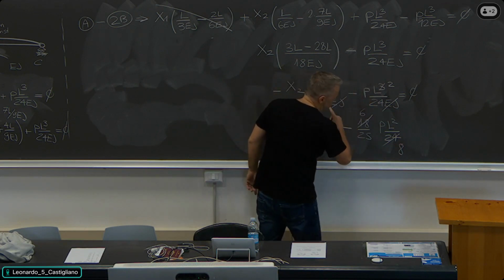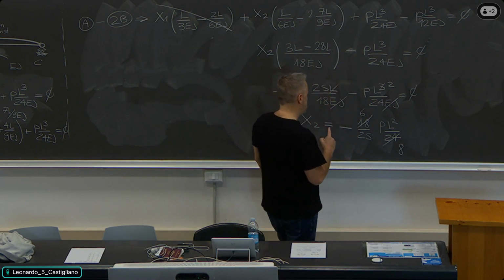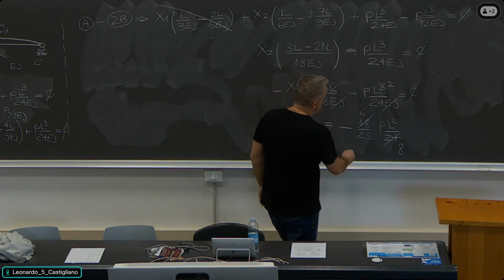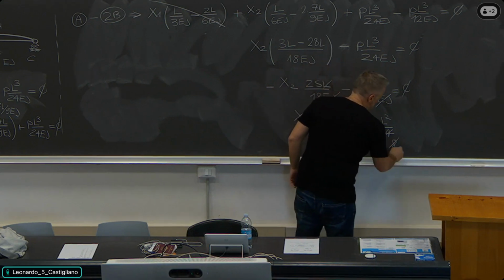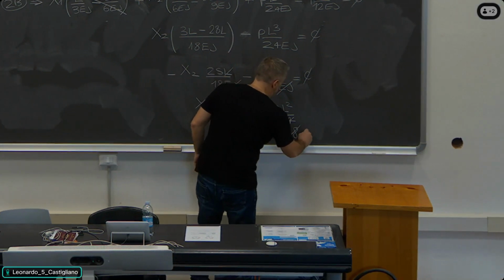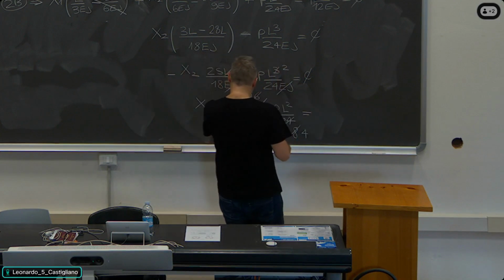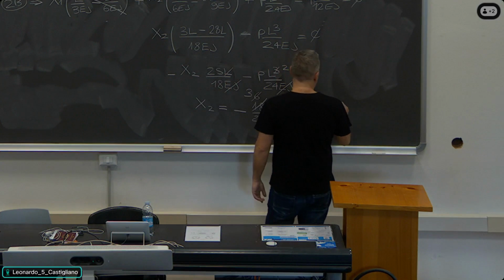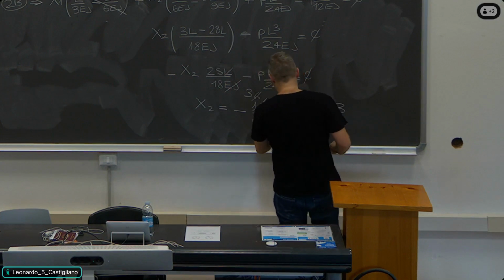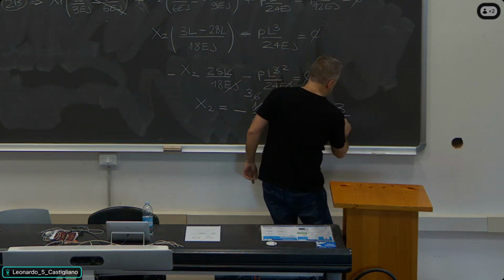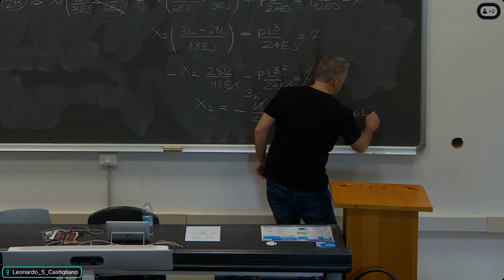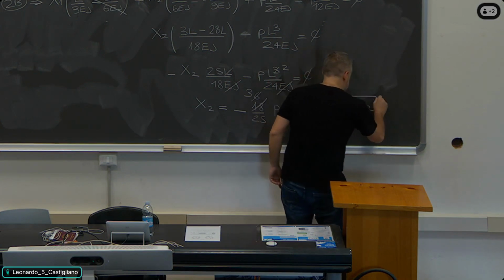Again, I could divide it by something more. Can I? 3 and, yeah, 6, of course. 3, and this is 4. So what is left here is minus 3 over 25 times 4, so minus 3 over 100 PL squared.